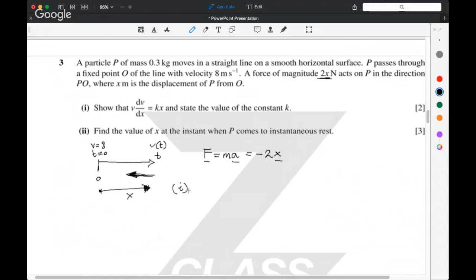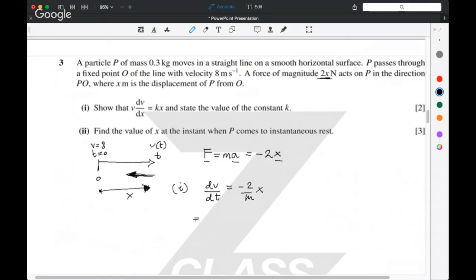So we have this equation. Well, we know that dv/dt is just the acceleration, so that's equal to minus 2 over m x.